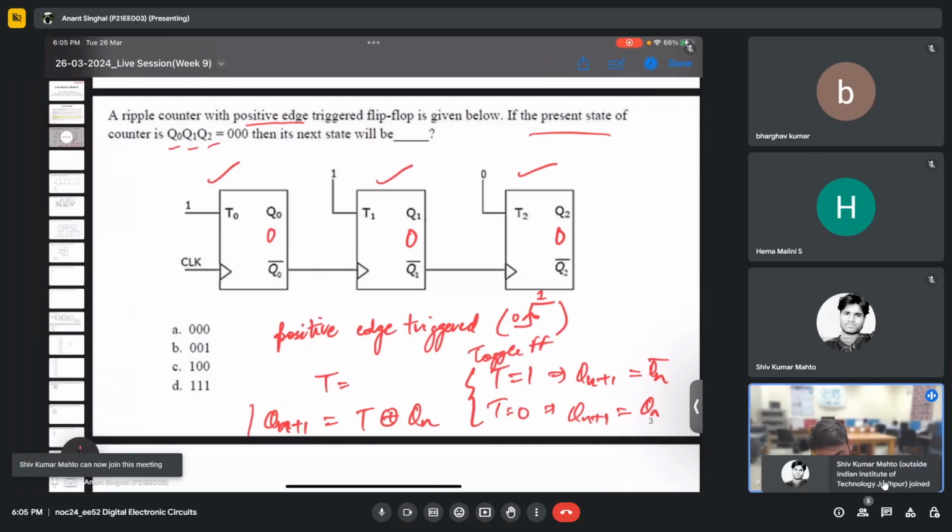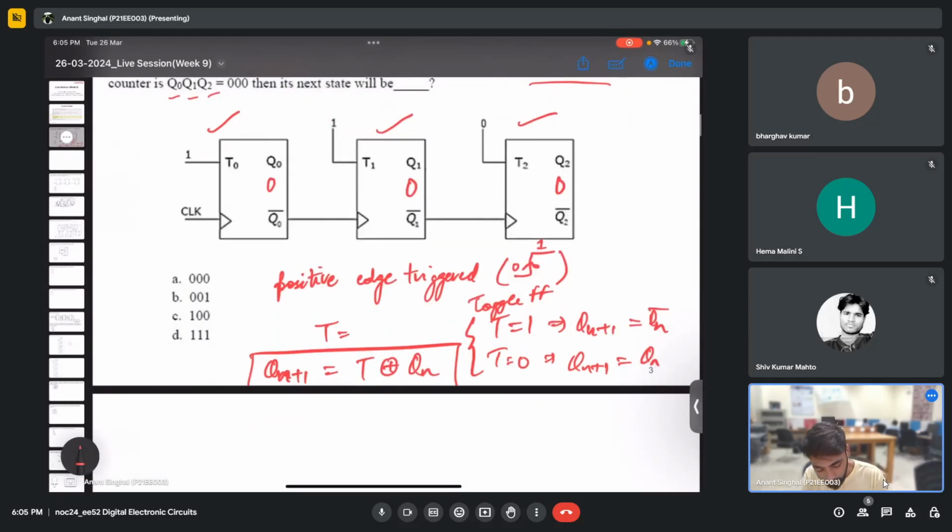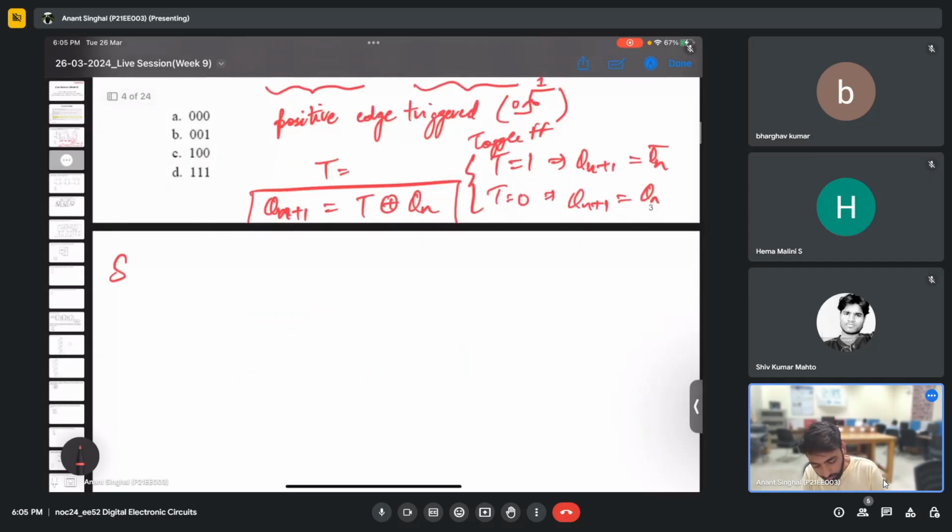So considering this equation, now we need to see, clearly here the clocks are not given at a single instant. So that is the basic difference between a synchronous counter, which is what we did in the last lecture, and an asynchronous counter. So there are two types of counters.